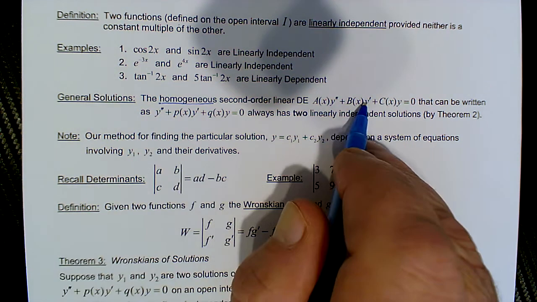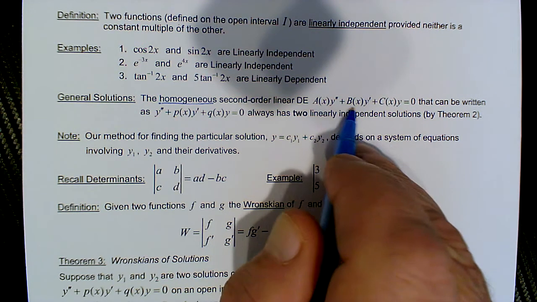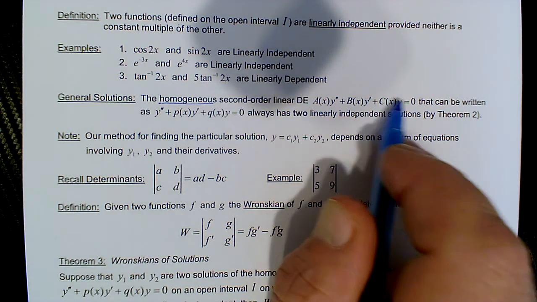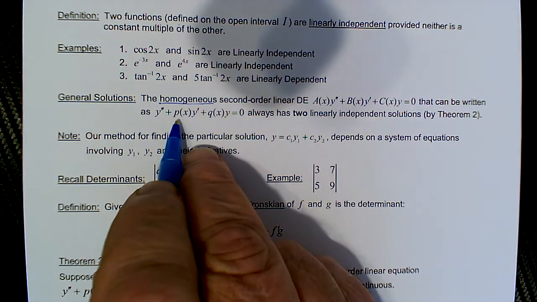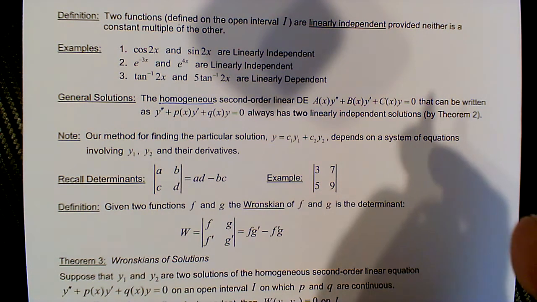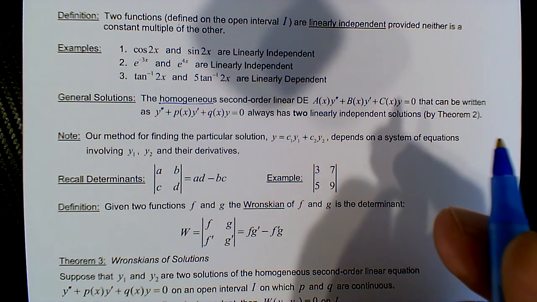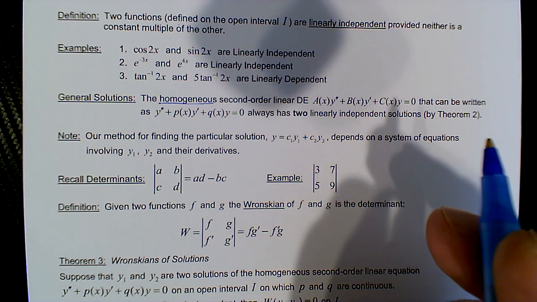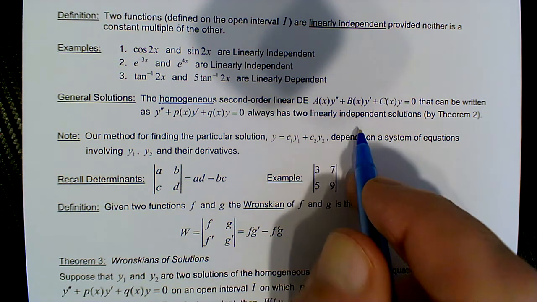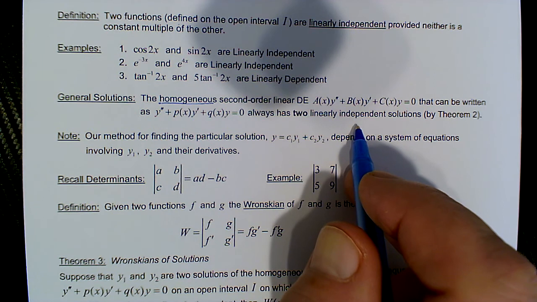That just makes this function of x that was the coefficient of y prime and the function of x that was the coefficient of y different functions of x. So that's why we changed to lowercase p of x and q of x respectively. We saw that by Theorem 2, it always has two linearly independent solutions.